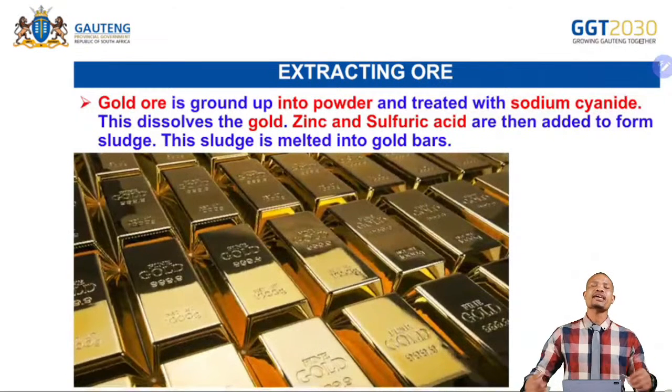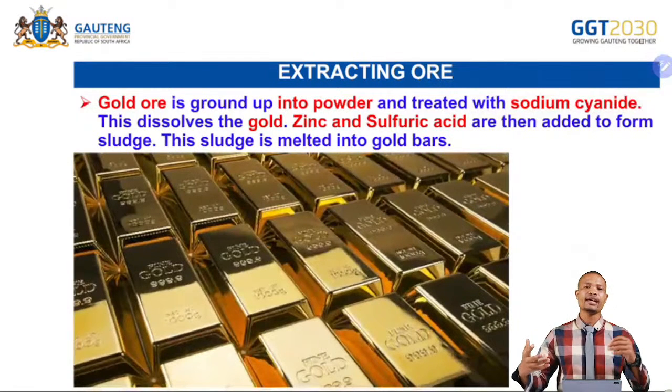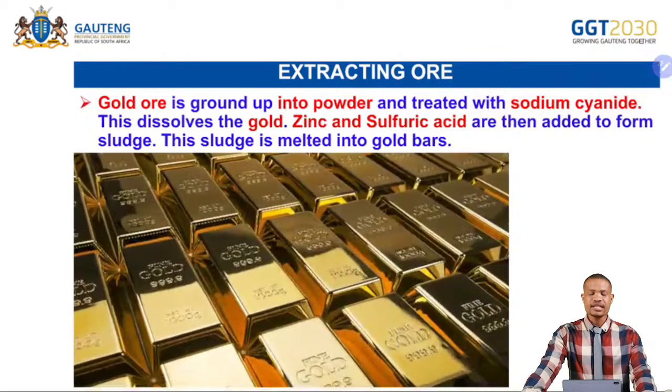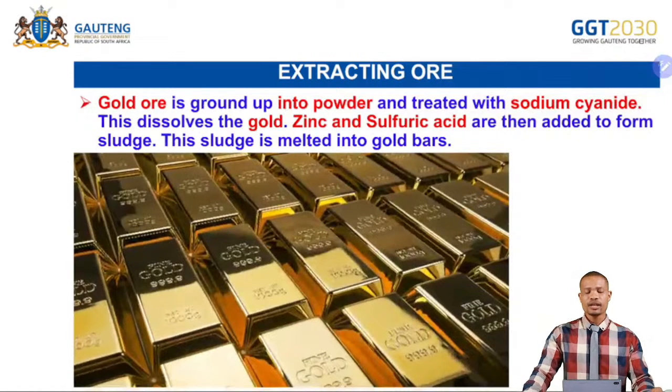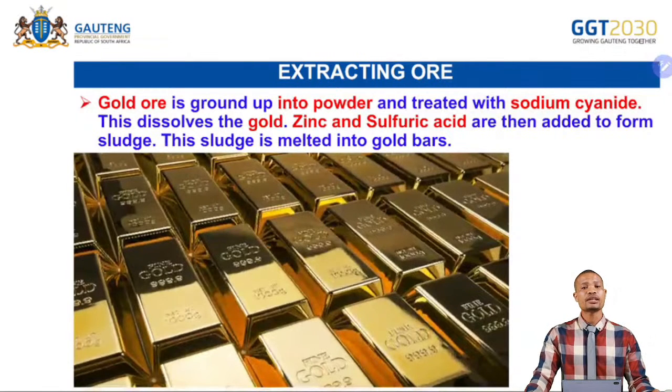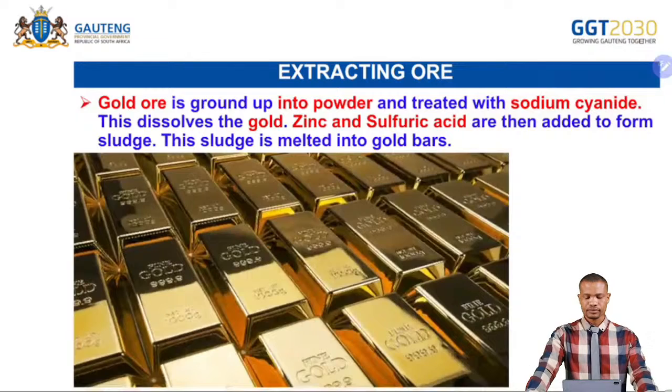A sludge is a mixture of a liquid and a solid. It's like mud. This sludge is melted into gold bars, which we end up selling into the international market and get monetary value in the form of foreign currency.